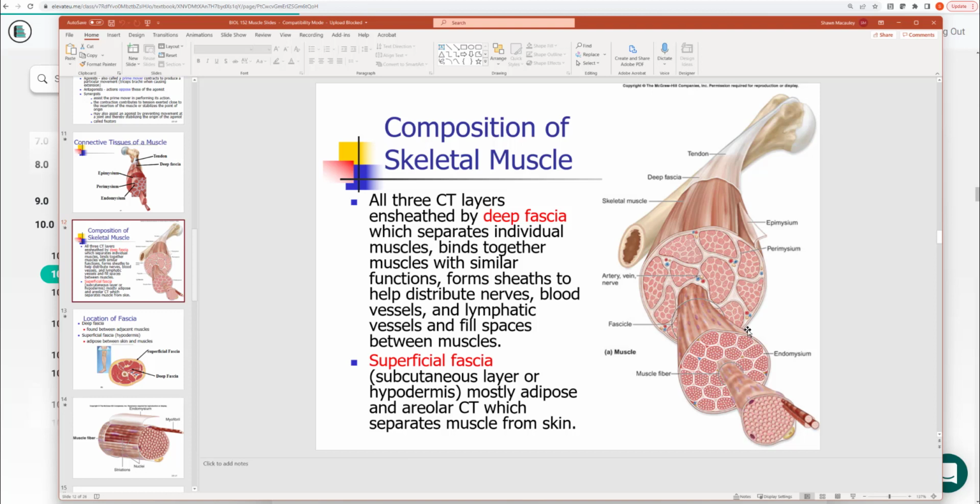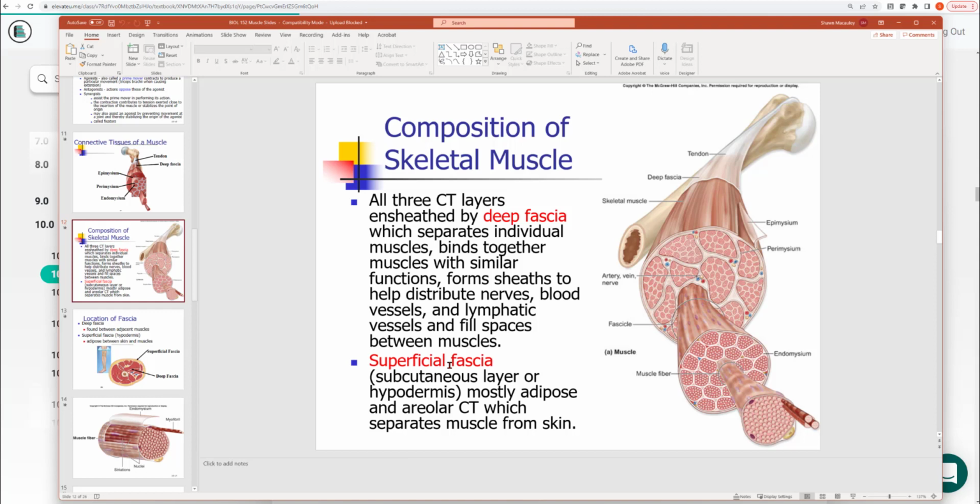A moment ago, too, I mentioned that this is the deep fascia. Well, if this is the deep fascia, you've been around anatomy long enough to know that if there's a deep fascia, there must also be a superficial fascia. So what in the world is superficial fascia? Well, you already know this by two other names.